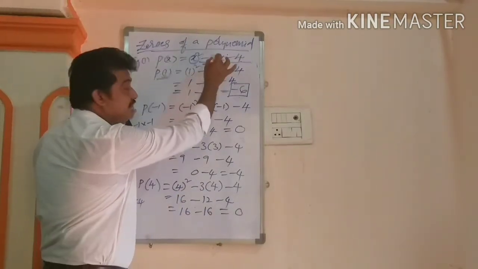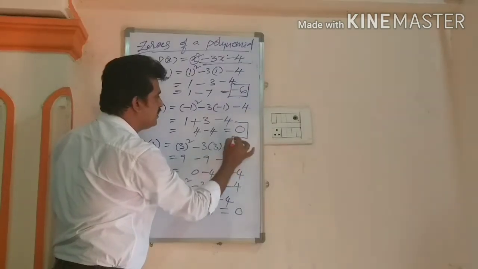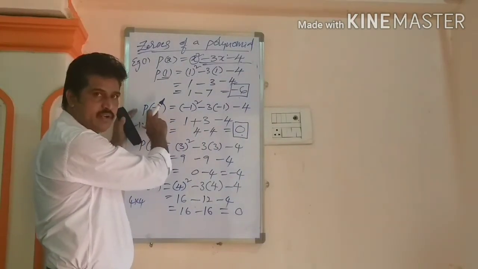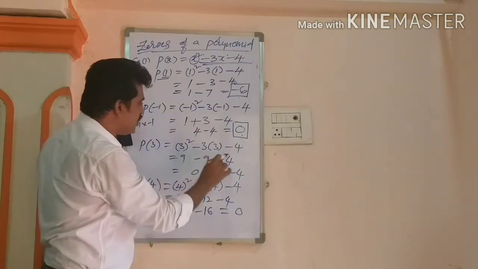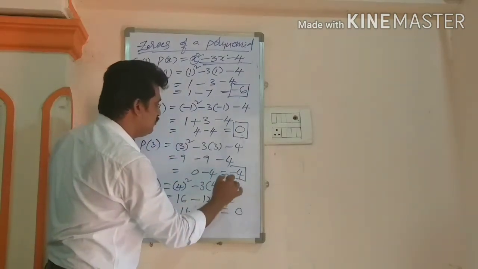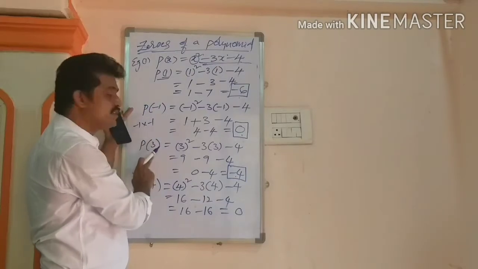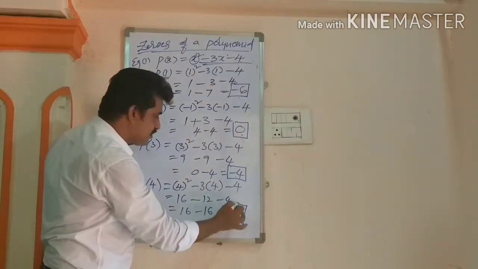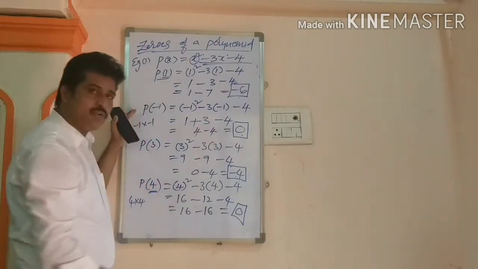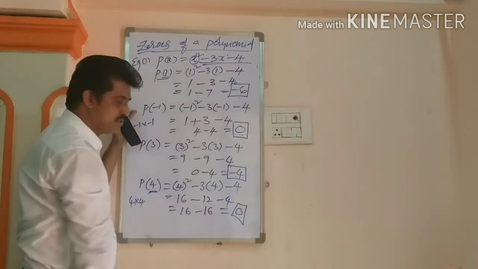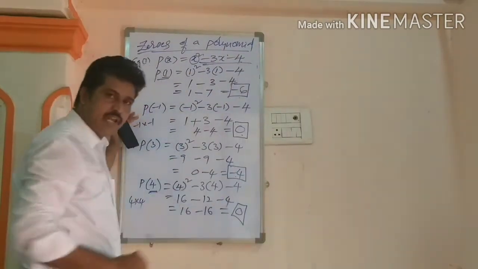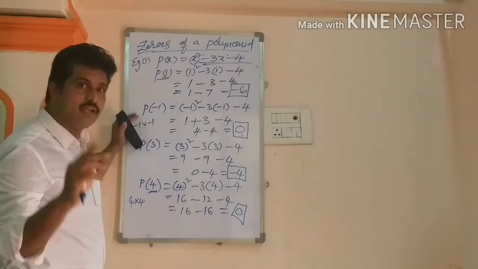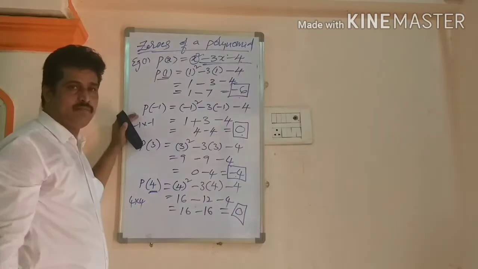The value of this polynomial is 0 at x is equal to minus 1. Like that the value of this polynomial is minus 4 at x is equal to 3. Like that the value of the polynomial is 0 at x is equal to 4. Like that 4 values. Among these 4 values, the result 0 we have to observe.